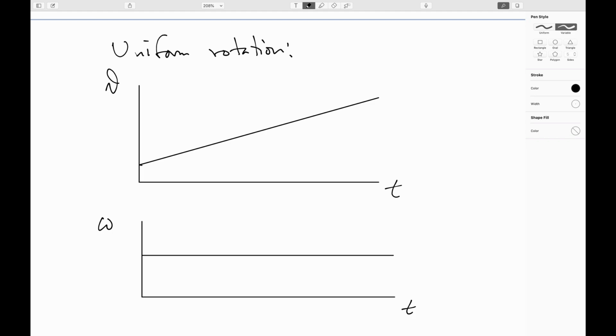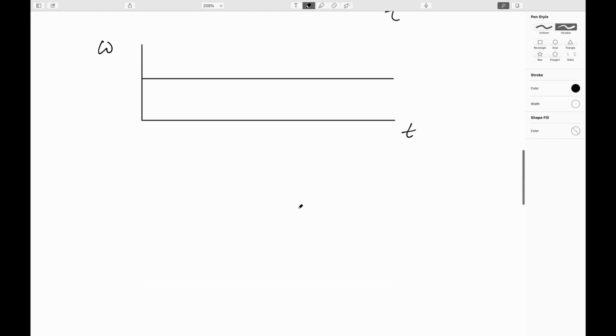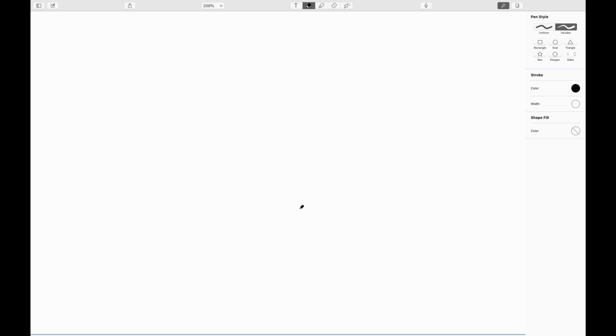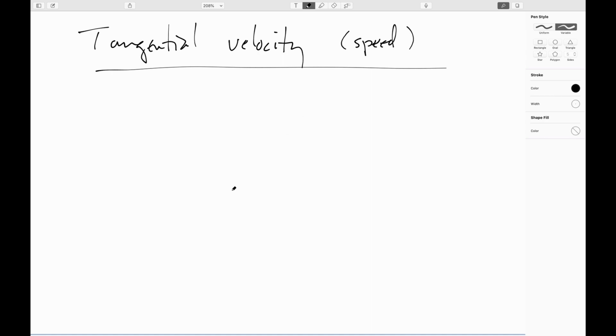So here's where we can start to tie things together. And so as a working example here, I'm going to imagine that we have a ball at the end of a string. So let's say I've got a ball at the end of a string and I'm whipping it around in a circle.